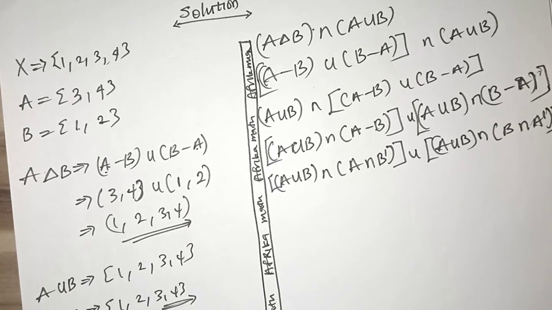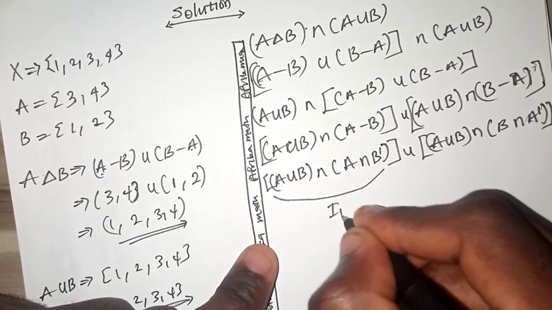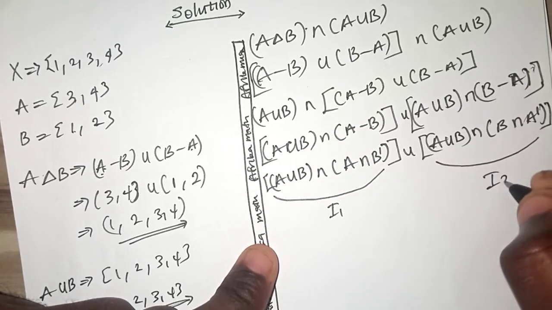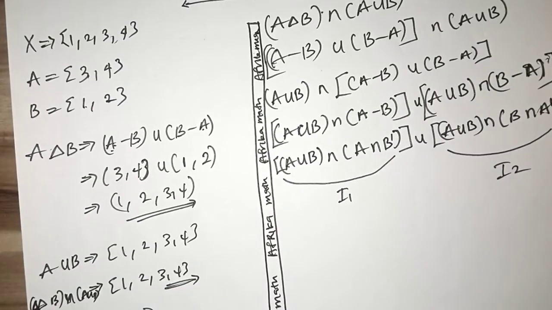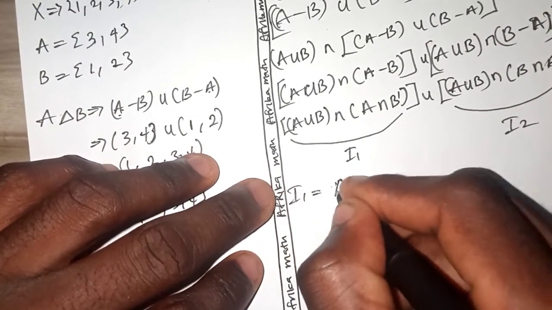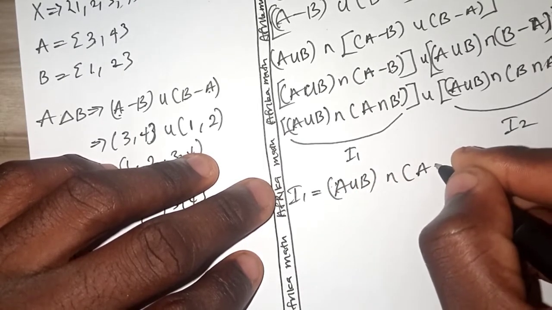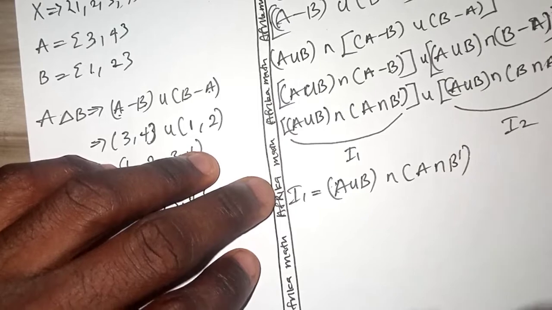The next thing for us to do here is, okay, let's pick this thing one after the other. Let's call this one I1 and let's call this one I2, so that it will be very easy for us to solve. Now I1 equals A union B intersect A intersect B prime.